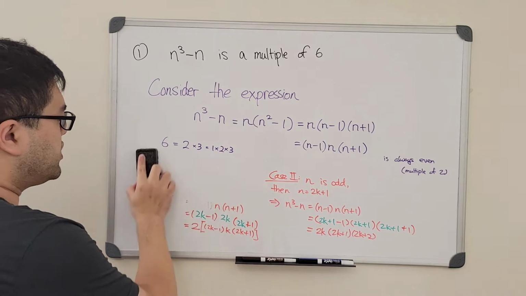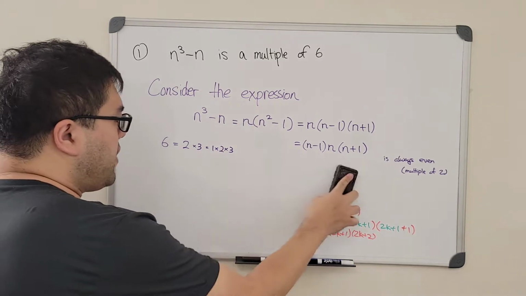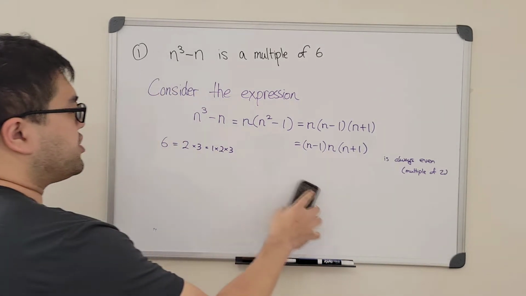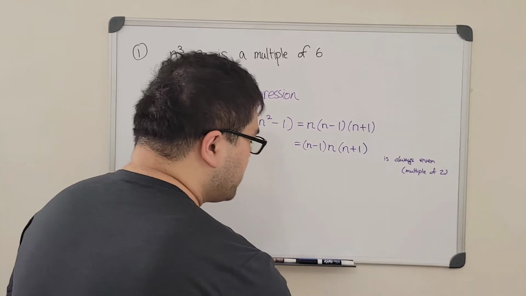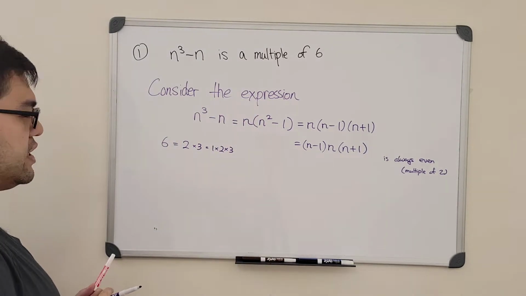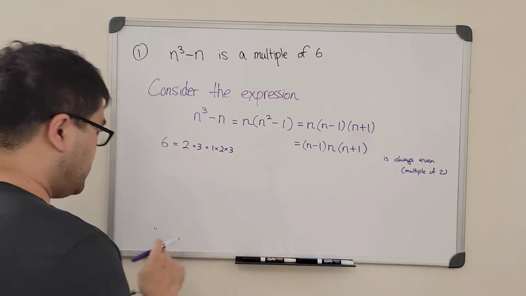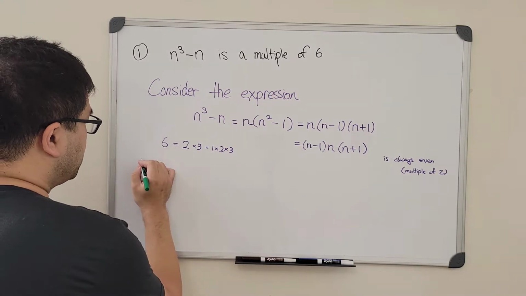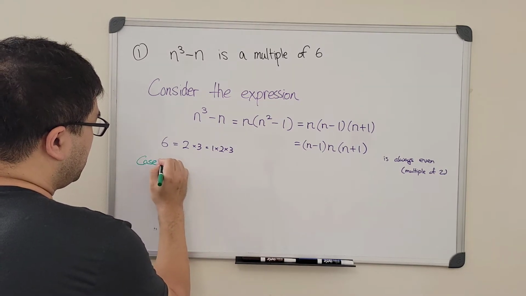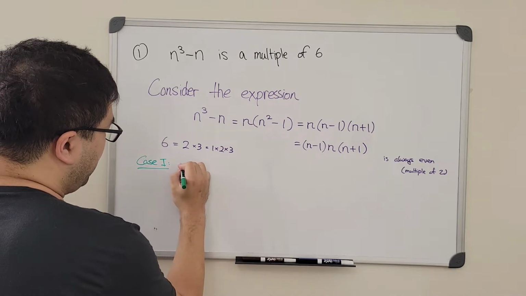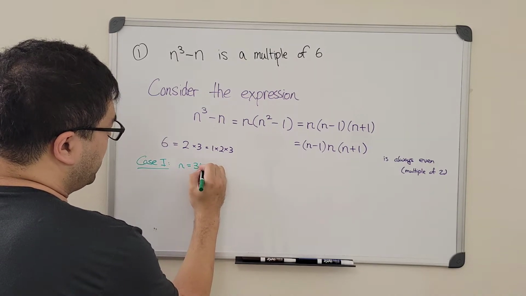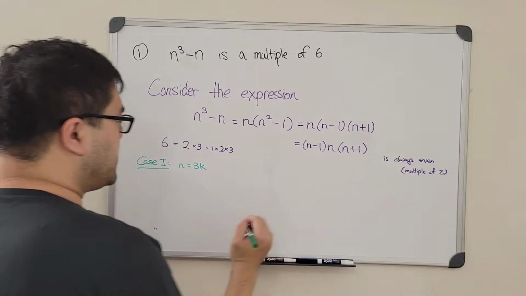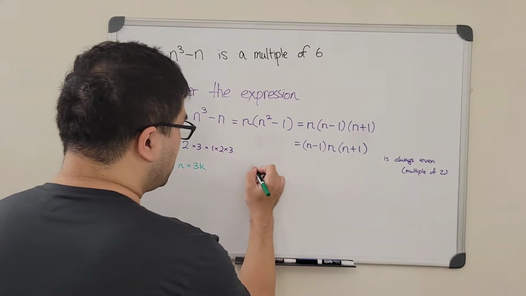So we just need to finish up the proof by checking if the expression is always a multiple of 3. And this is what we're going to do. This time we're going to set up 3 cases. Case 1, if n is a multiple of 3, which means 3k for k an integer.